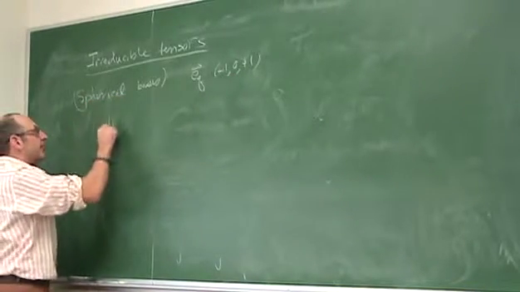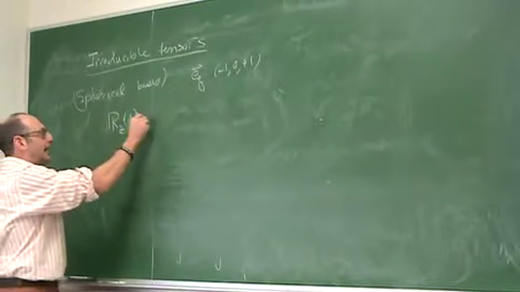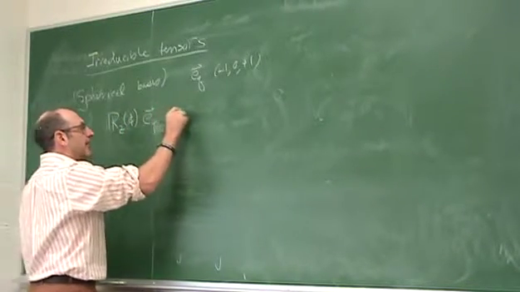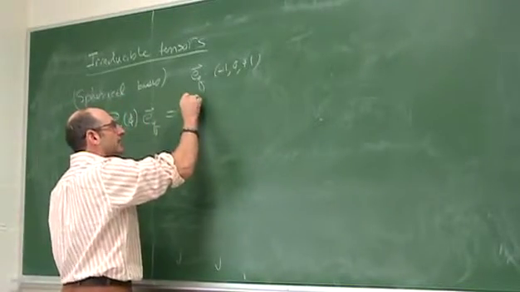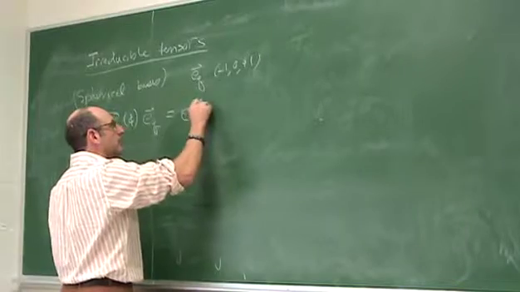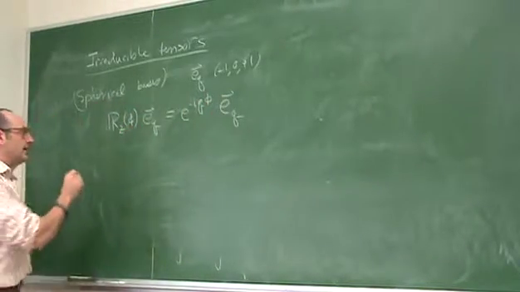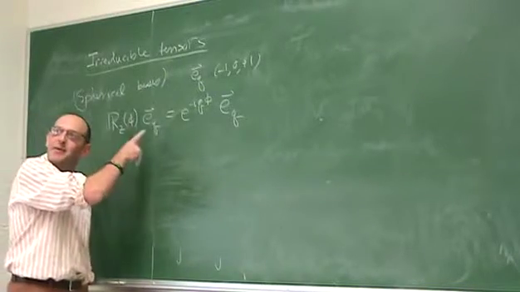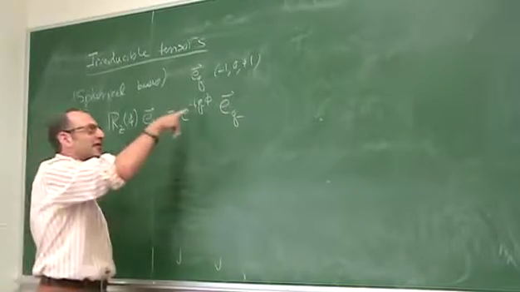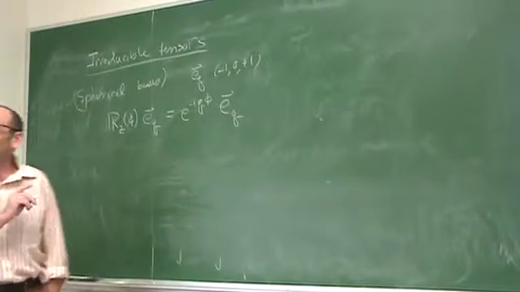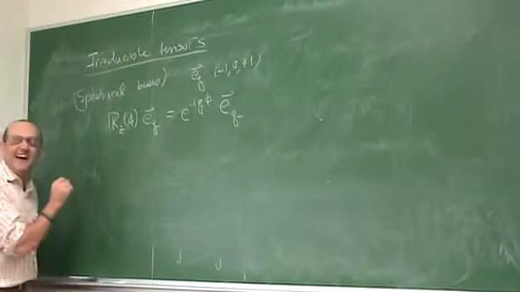such that if I rotate around the z-axis by an angle phi, acting on this vector, I get e to the minus i q phi. I can't really remember whether this is an active rotation or a passive rotation, and I don't remember whether this is plus or minus, so forgive me. I'll forgive you.